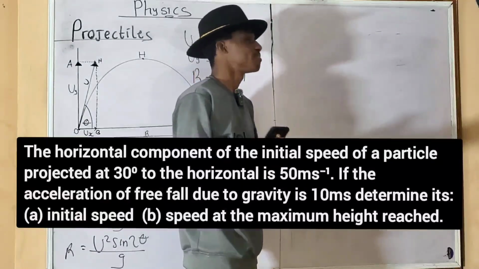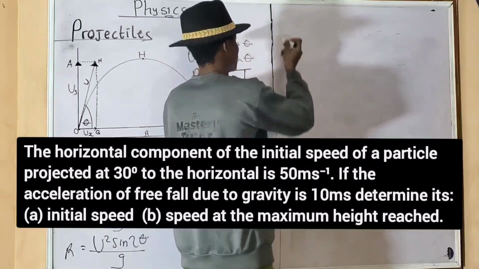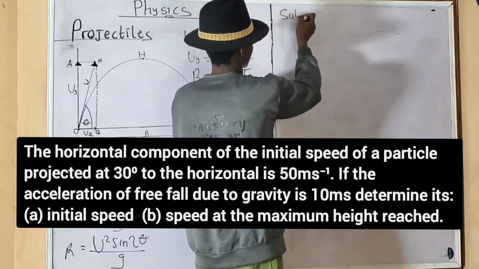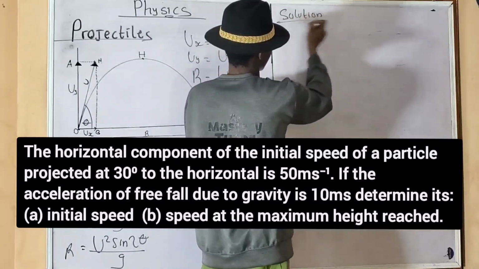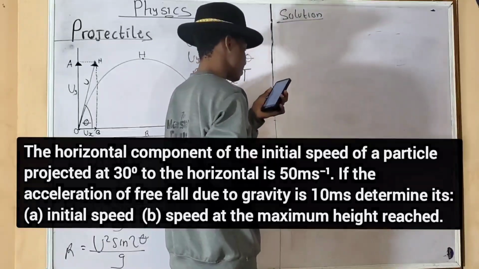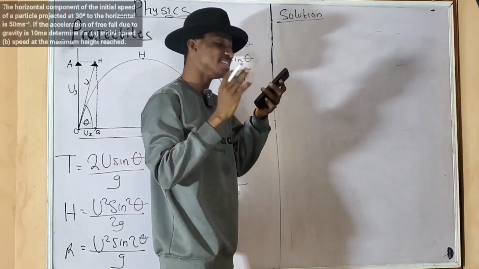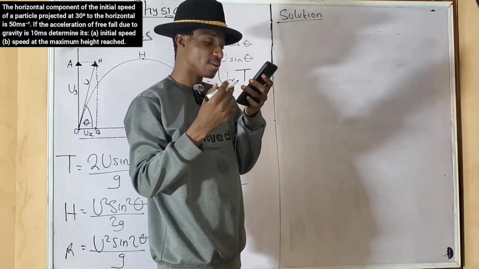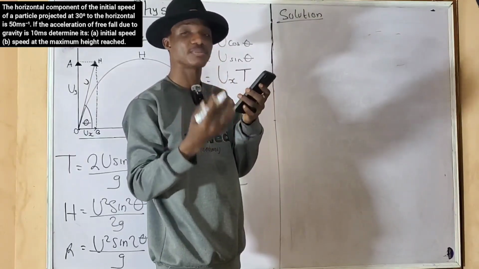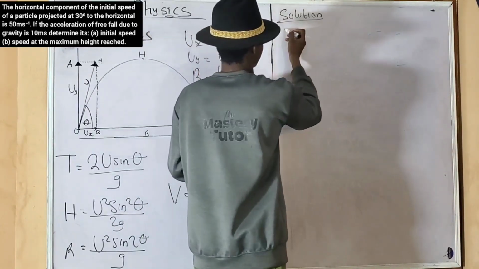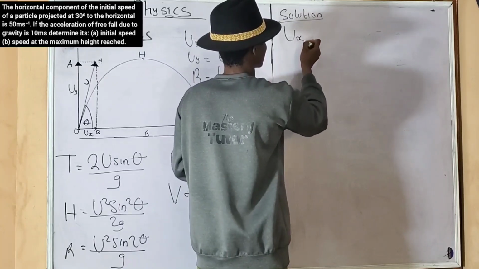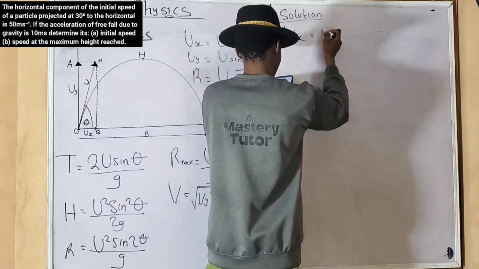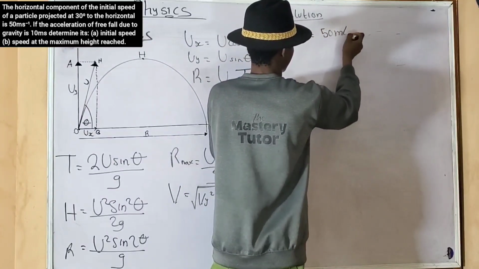Okay, please pay attention. The question: we are given that the horizontal component of the initial speed of a particle projected at 30 degrees is 50 meters per second. So that means ux, the horizontal component, is 50 meters per second.